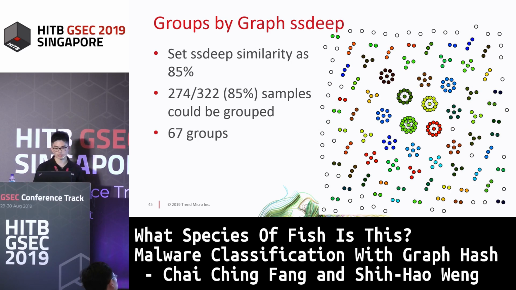The following one is a result by graph ssdeep. The ssdeep similarity is also 85, and in this condition, 274 from 322 samples could be classified into 67 groups. It's about 85% grouping rate.